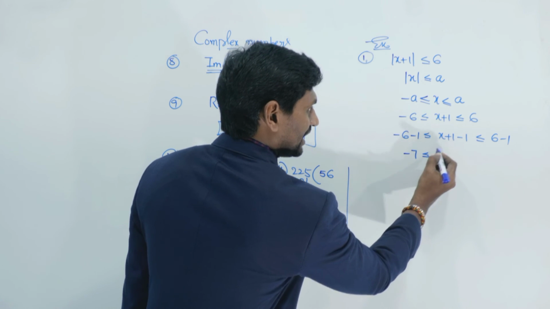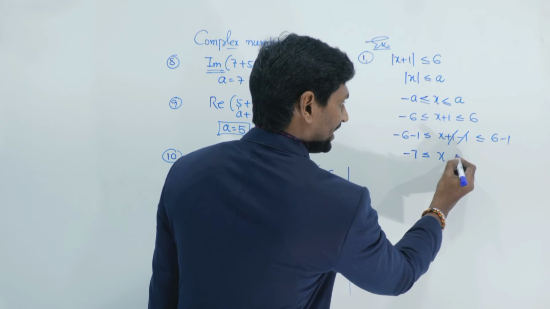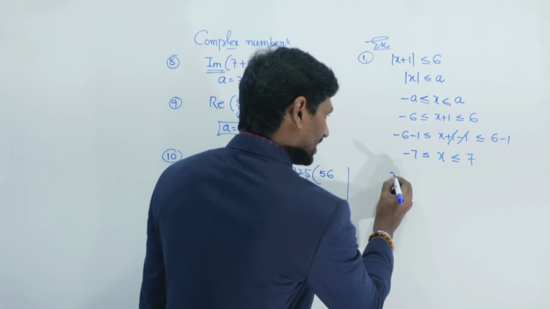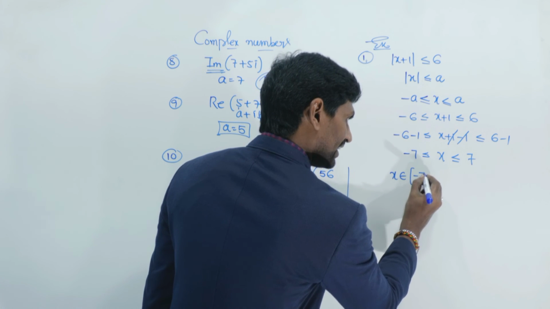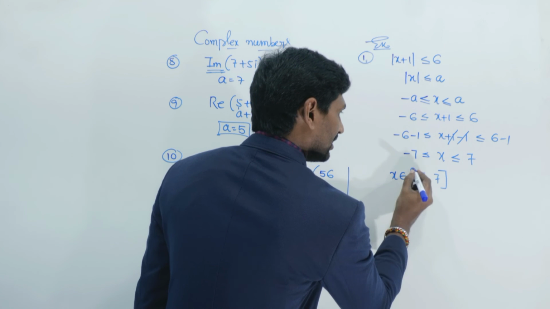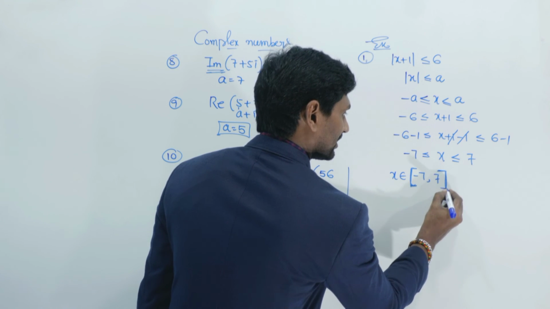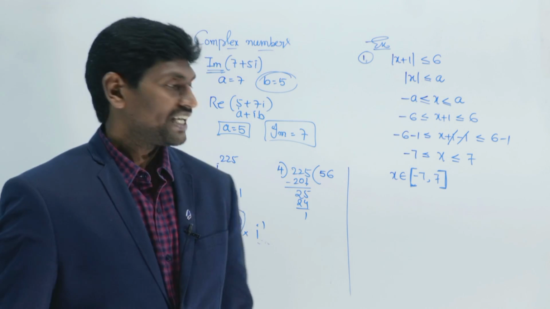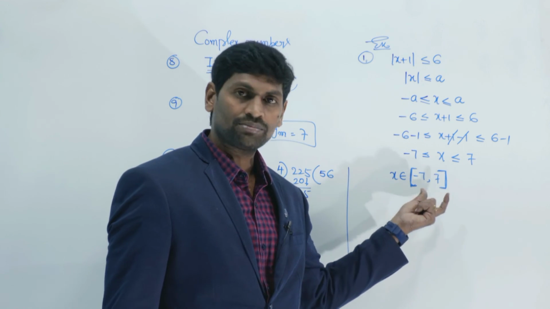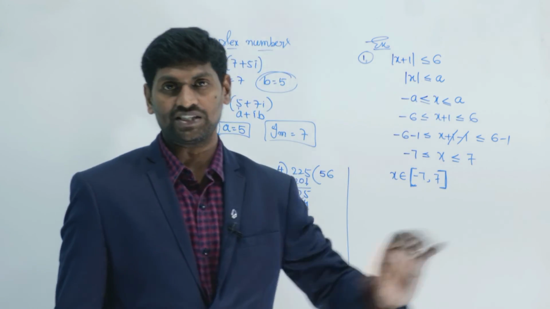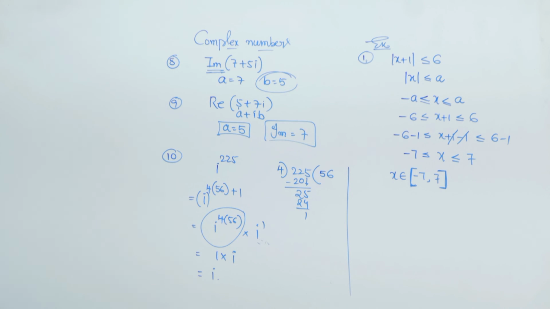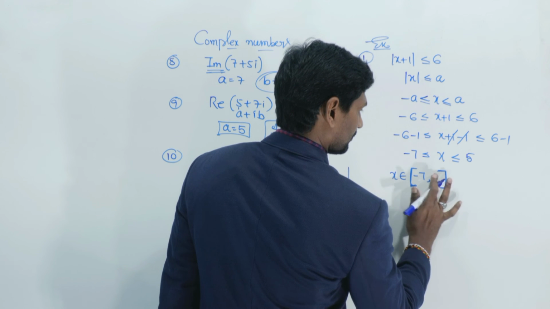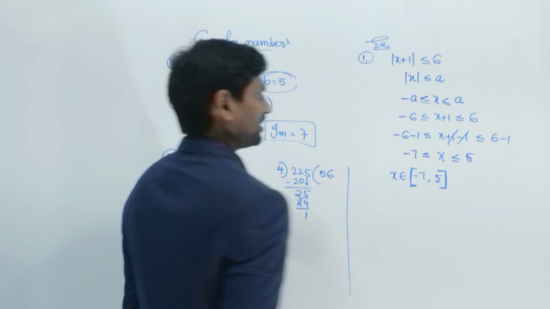Minus 7 less than or equal to x less than or equal to 5. Therefore x belongs to minus 7 to 5. Equal to means closed bracket. If there is no equal to, we use an open bracket. That means the x value is between these two, and sometimes it can be minus 7, sometimes it can be 5. Please note that.